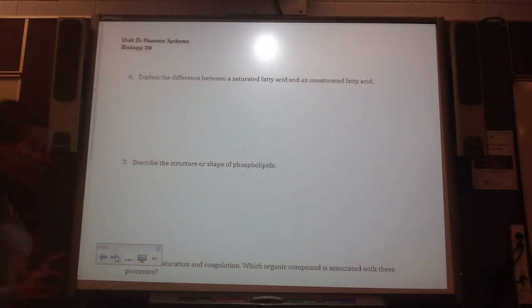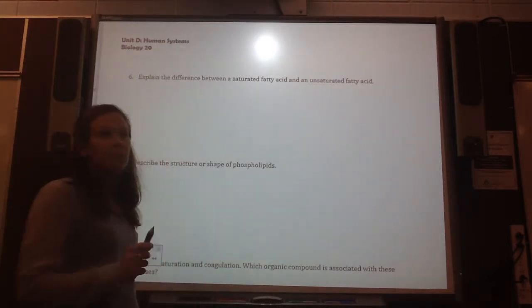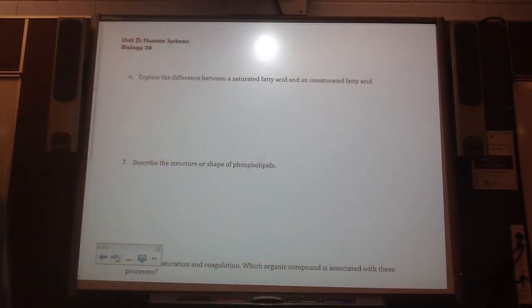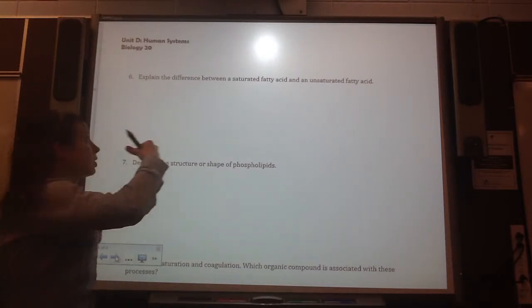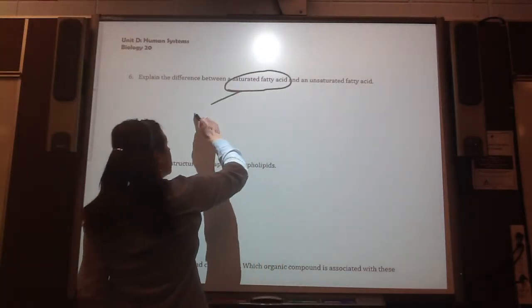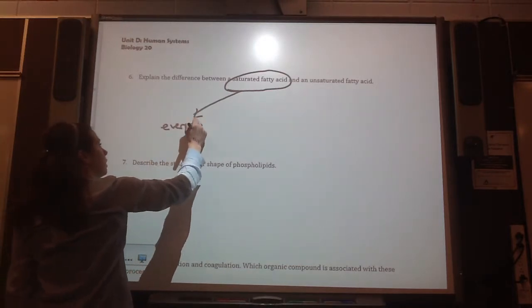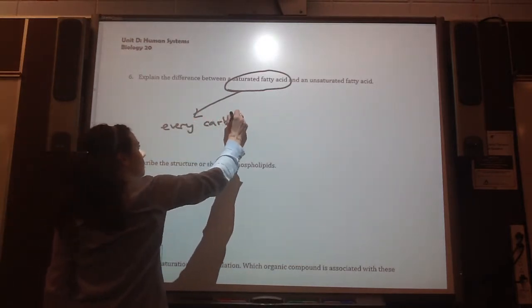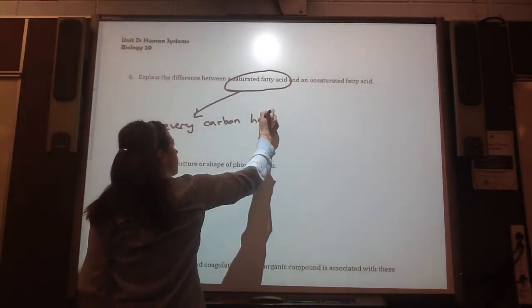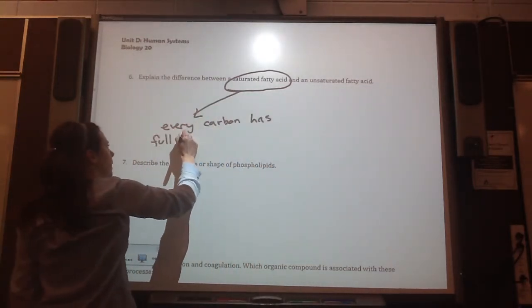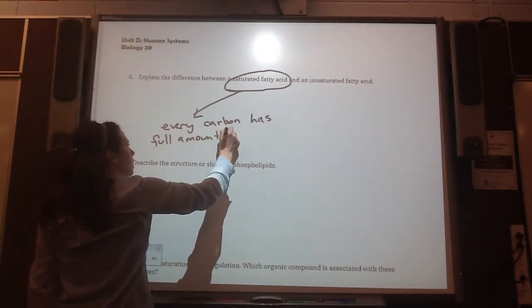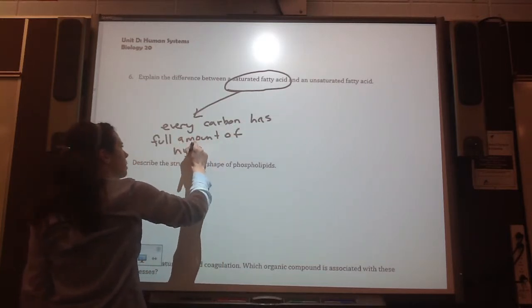Saturated fatty acid and unsaturated fatty acid. Okay, we do this in detail in chemistry, but what I need you to know about saturated fatty acid is it has every carbon has the full amount of hydrogens.